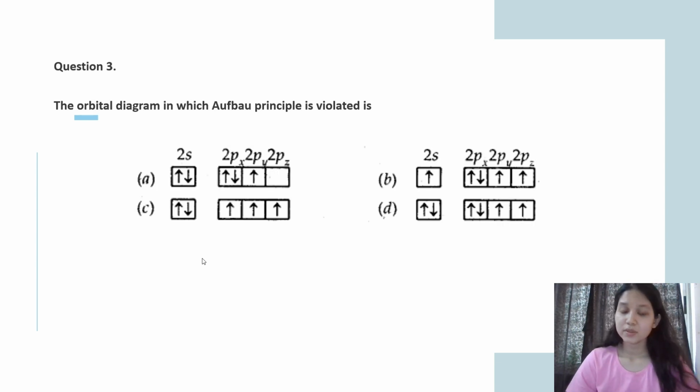So, thus, in these four, we will have to say that 2s will be filled first. After that only we will move to p orbitals. So like she said, answer will be D. You cannot fill the p orbitals before fully filling the 2s orbital.